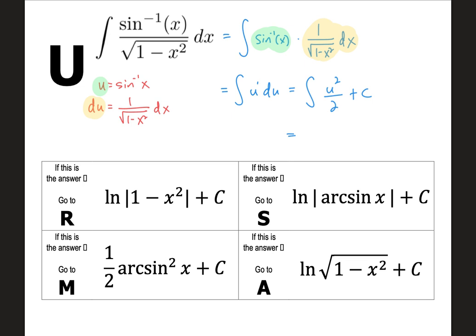Oh, I'm sorry, I'm tired. No more integral symbol. Right when you find the antiderivative, there's no more integral symbol. That goes away. The du goes away. All right, so now we can substitute u is sine inverse, and plug that back in for this u.